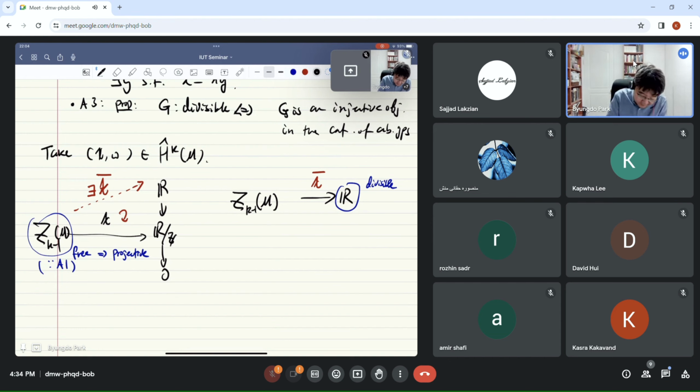That means if there is this injection, these degree k minus 1 cycles are sitting inside degree k minus 1 chains, right? Then there exists this lift. I'm going to call this T, just to match the notation in Cheeger-Simons' original paper.